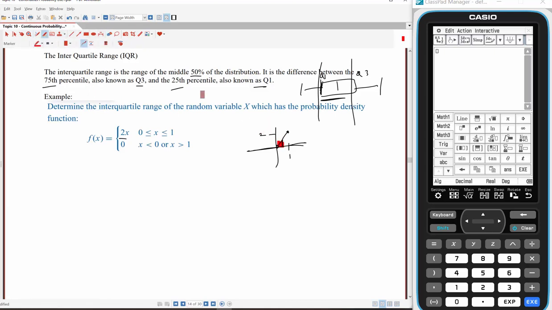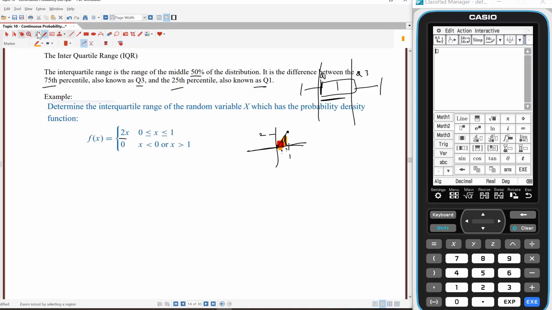And then the second one we're trying to find out is what value here, so that this area here is 75%. I'll draw it in a different color.